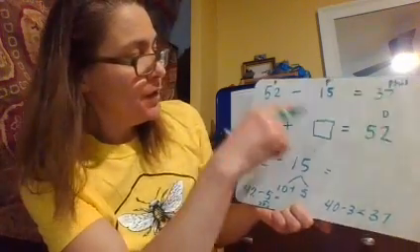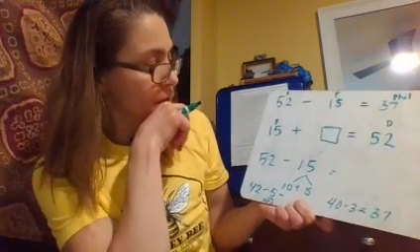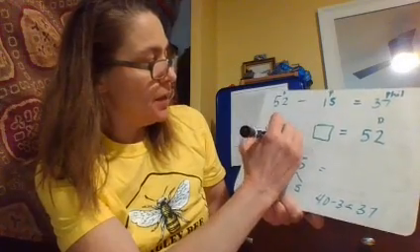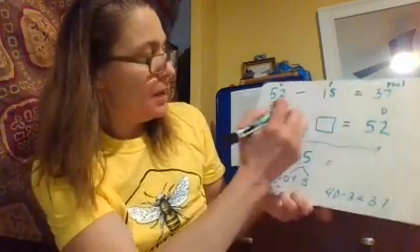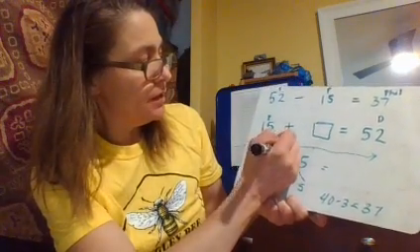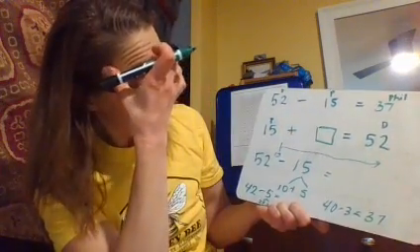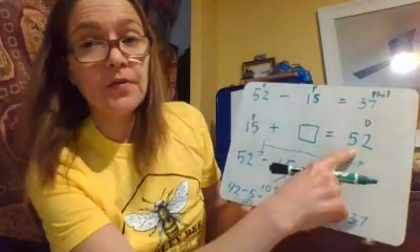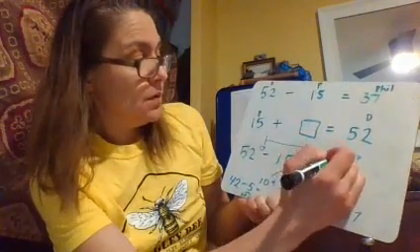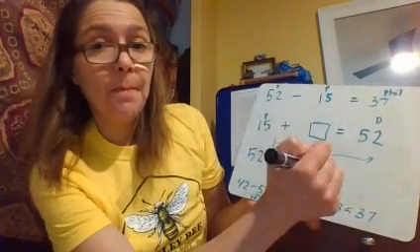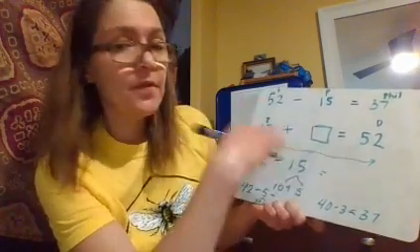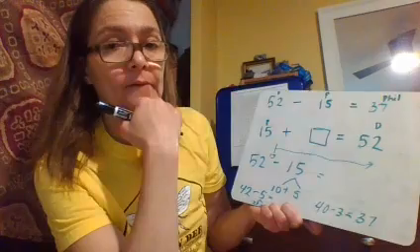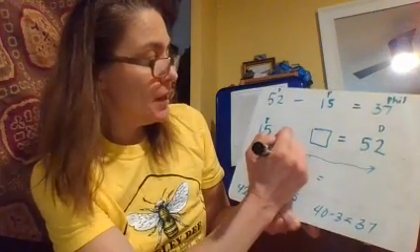So if you did it the addition way, you can do an increasing number line, and you would start at 15, and you needed to get to 52. So you would count up, and then stop when you get to 52, and then count all your jumps. So I'm going to count up starting in tens.